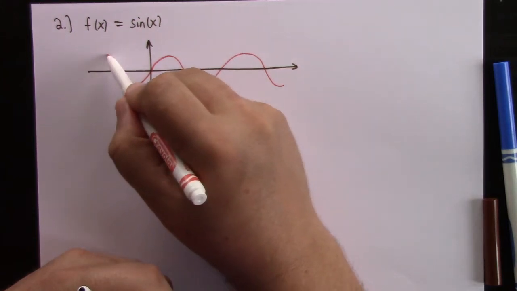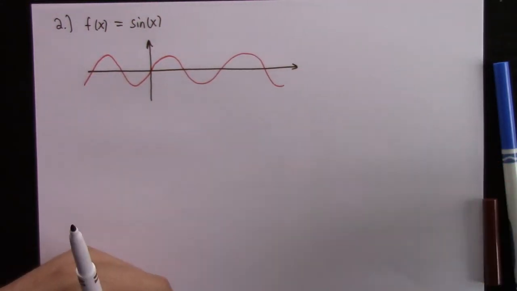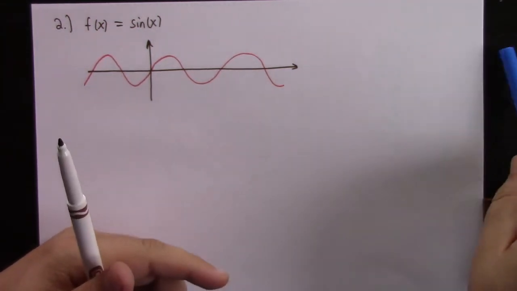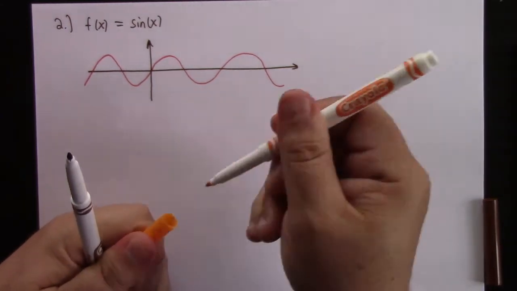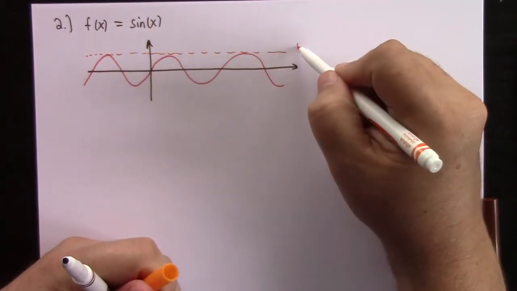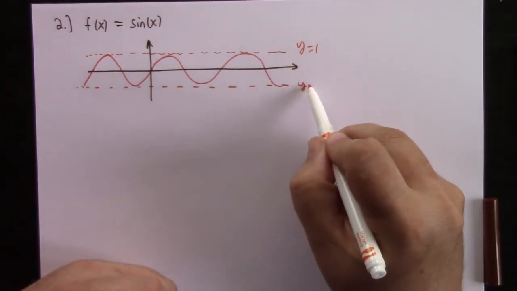What's important to know about it? It's stuck between plus and minus 1. Up here you have y equals 1, and down here y equals minus 1.